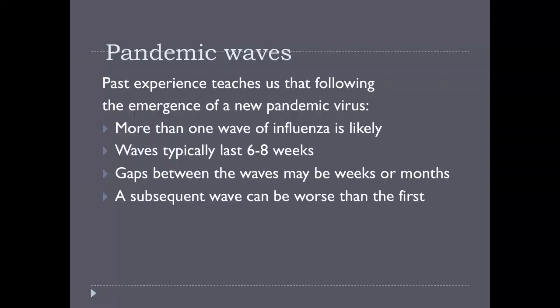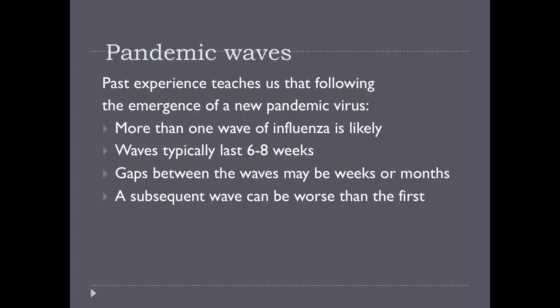Past experience teaches us the following. The emergence of new pandemic viruses is likely. One wave of influenza is likely, because historically we see this, like I said, every 30 years. You're not likely to get multiple waves of this. It typically happens over 6 to 8 weeks, so you get this massive increase of people infected, and then it comes down.